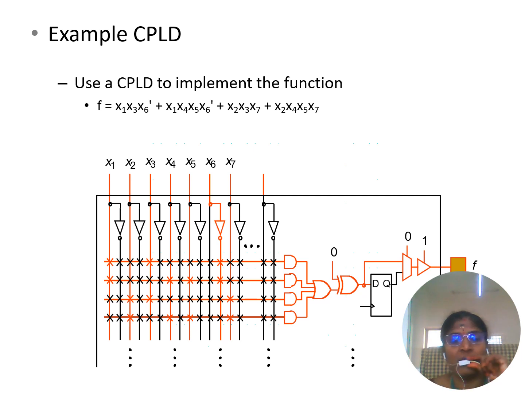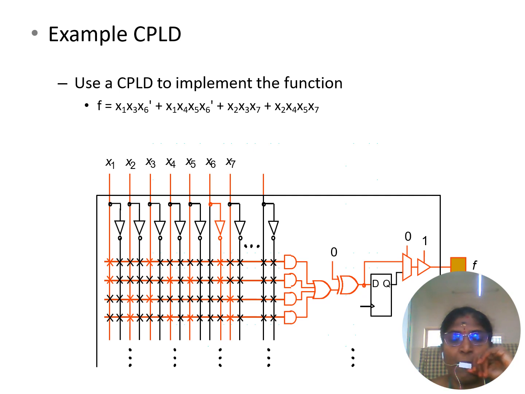Now we can see one simple example of how a logic expression can be implemented into a complex programmable logic device. Here f is equal to x1 x3 x6 dash plus x1 x4 x5 x6 dash plus x2 x3 x7 plus x2 x4 x5 x7. This is the logic expression.